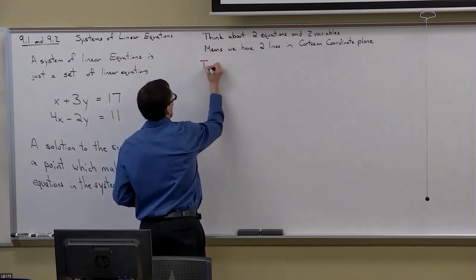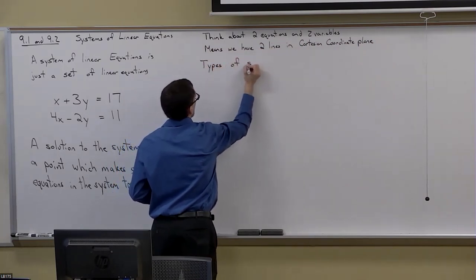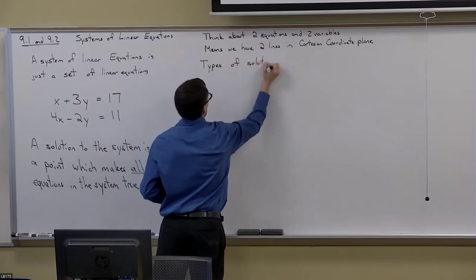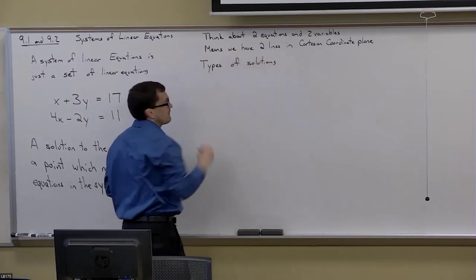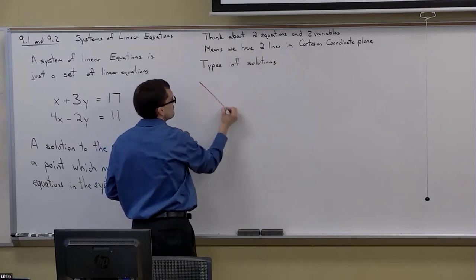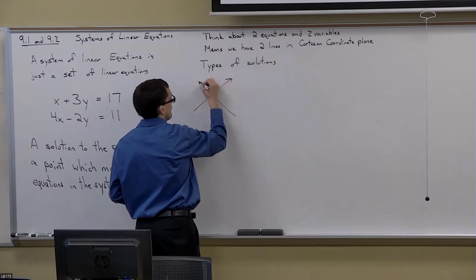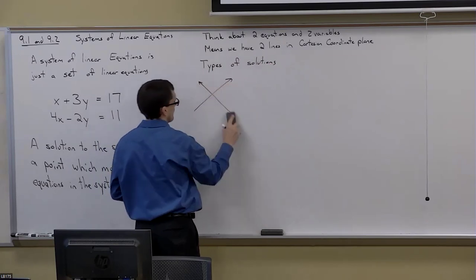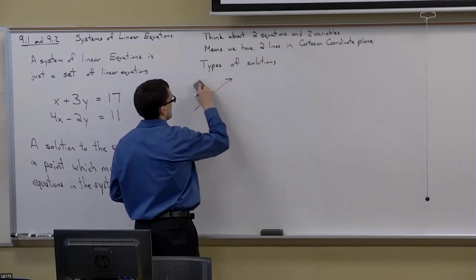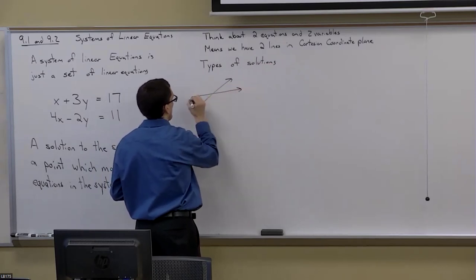And if you think about the types of solutions that picture can produce, if I have two lines in the Cartesian coordinate plane, let me draw this a little bit different. It looks like it's perpendicular. It doesn't have to be perpendicular.